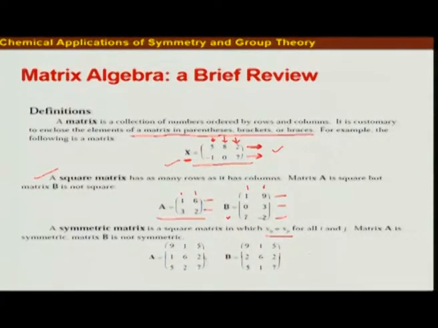So this A is an example of a symmetric matrix, while if you look at the B, then you will say this is not equal to this. Okay, so that means here I have the element 1 2, which is not the same as 2 1. But here this 1 2 is equal to 2 1, that is this one.